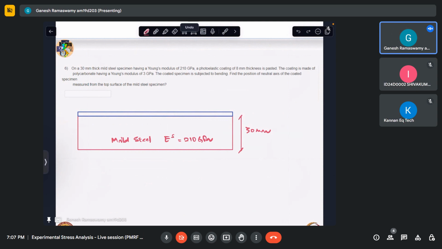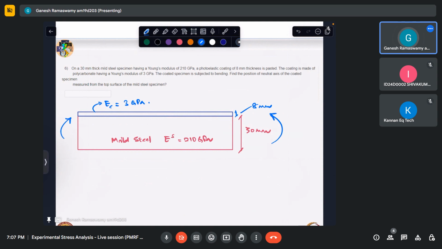The coating is subjected to bending. The bending can be either tension or compression, I'm just taking it to be like this. Find the position of the neutral axis of the coated specimen measured from the top surface of the specimen.